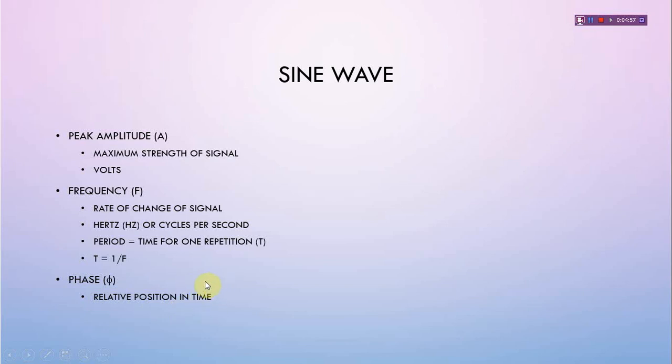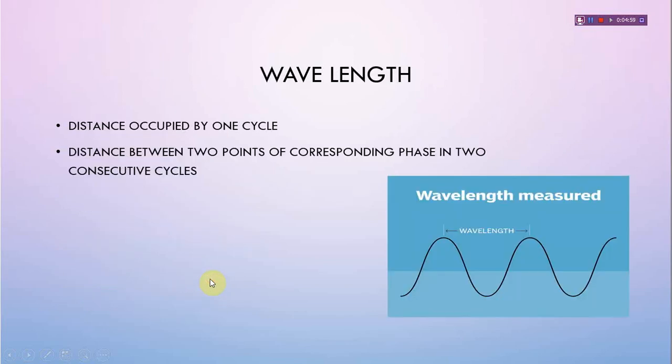And wavelength means distance occupied by one full cycle, or the distance between two points of corresponding phase in two consecutive cycles. This is the wavelength.